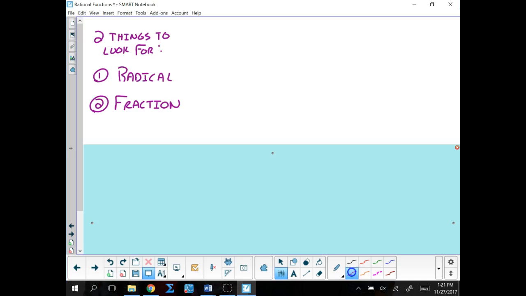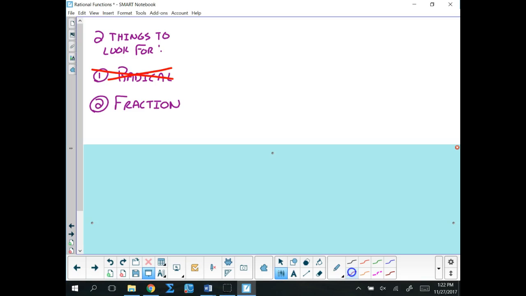In this chapter, we're not going to have radicals. Bad news. All fractions. The entire chapter is fractions. Okay? Alright? So there's that.